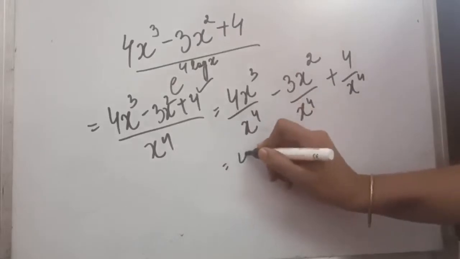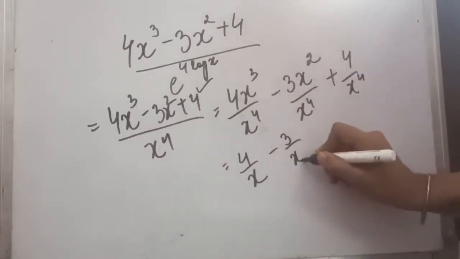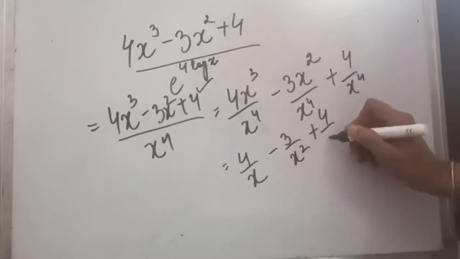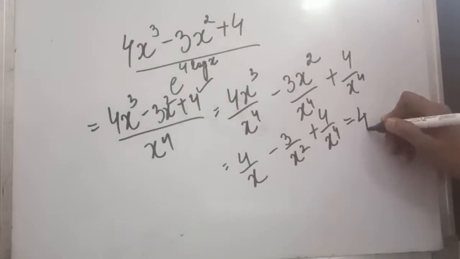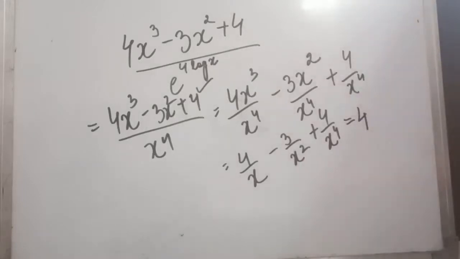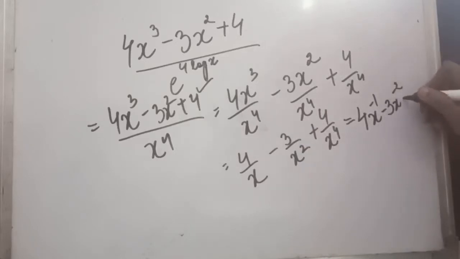So when we will divide it, it will be 4 upon x minus 3 upon x square plus 4 upon x power 4. And if we want to further write it in an easier way for differentiation, we can write 4 x power minus 1 minus 3 x power minus 2 plus 4 x power minus 4. We have just taken these values above.